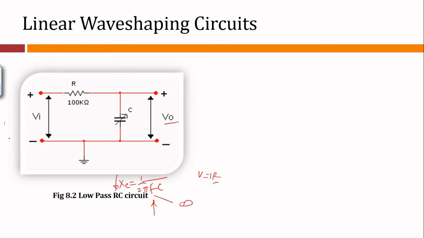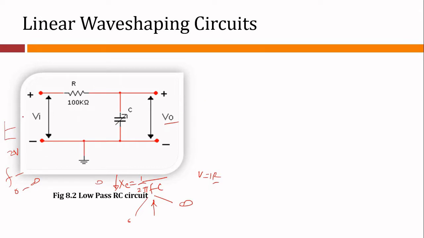So if I keep the voltage constant at say 2 volts, and vary the frequency from 0 to infinity, then at 0 frequency, 1 by 0 is infinity, so it will act as an open circuit. The entire signal will be available at the output. And if I set frequency equal to infinity, then the reactance offered by this capacitor will be 0, so it will be as good as a short circuit. I hope this is clear.